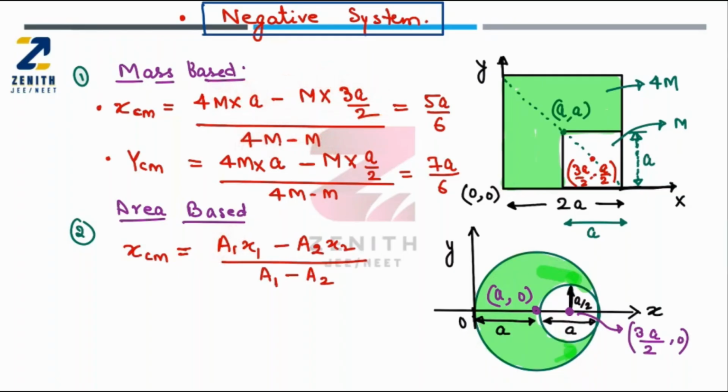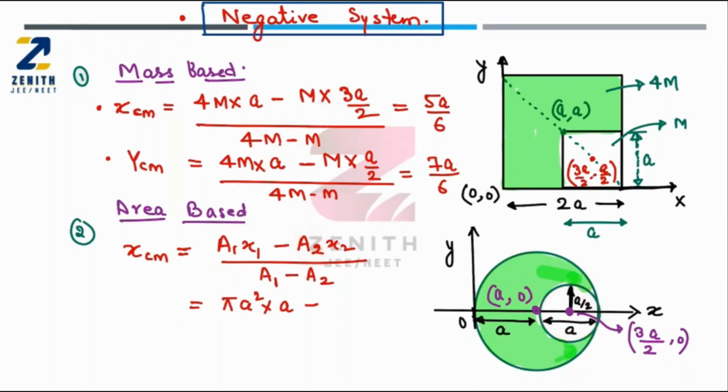Then after that I will focus on volume based. Okay, so for area a1, what is the area? Pi a square, because the radius is a. What will be the x coordinate, the center of mass of this complete body? It is a comma 0. The area will be pi a square. Minus a2, which is the second area, meaning the smallest area.